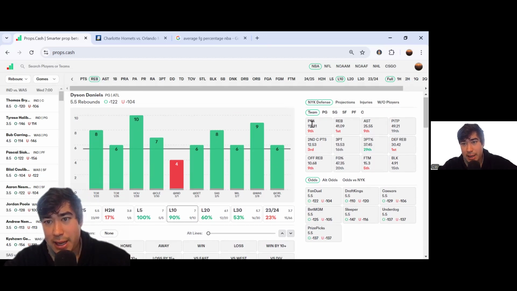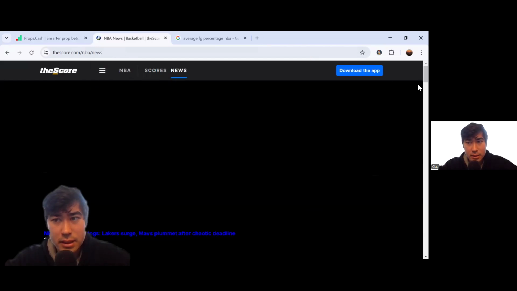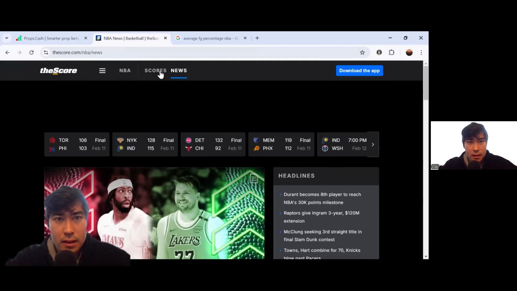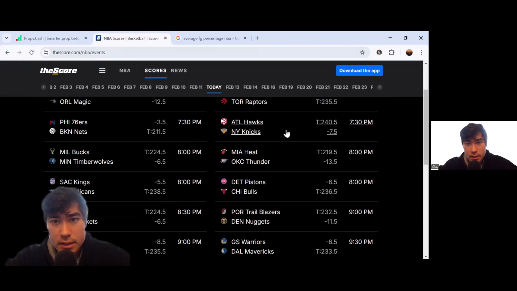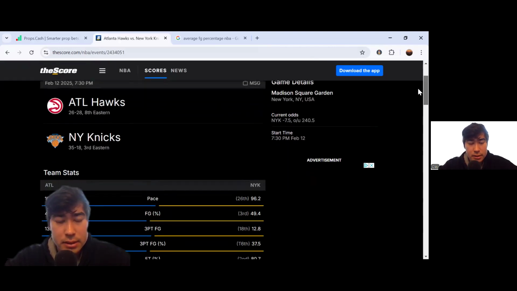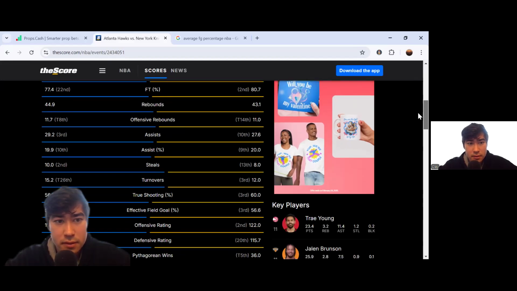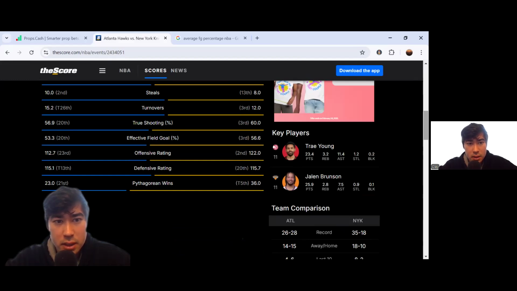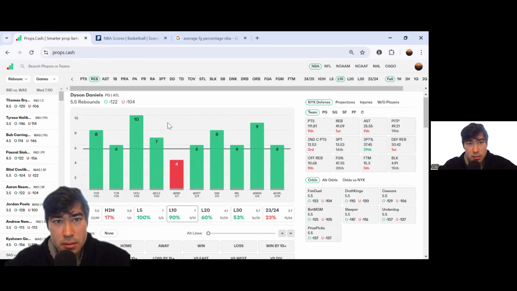So he's playing tough Knicks defense, but their pace is pretty fast. So maybe we look at the matchup here, if we wanted to go over on him. So we got Knicks. It's still a high scoring game. 240 points is the total. We look at their pace, a little bit slower, but Atlanta's still a super fast paced team. Defensive rating isn't great, so he's still gonna be able to score on them, or they're still gonna be able to score.